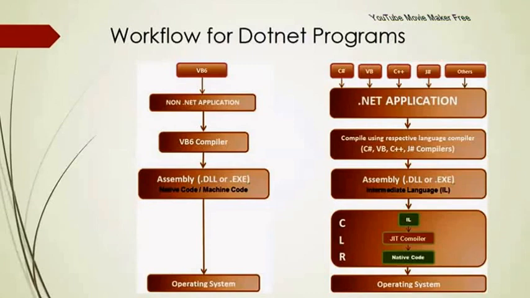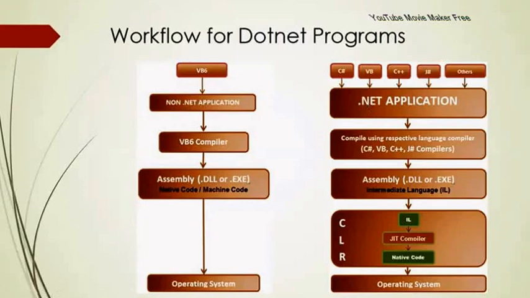Now let us understand how a .NET program executes. Using .NET, we can create different types of applications. A few of the common types of .NET applications include web, Windows, console, and mobile applications. Irrespective of the type of the application, when you execute any .NET application, the following happens.